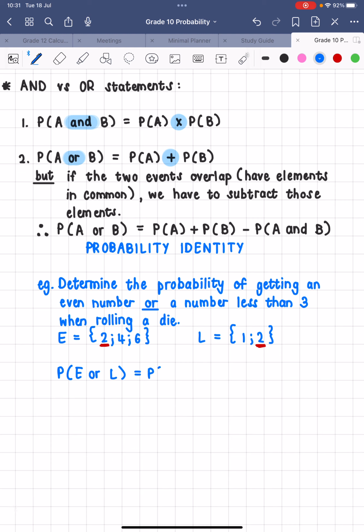I'm going to say the probability of the first event, even, plus, because remember for OR we always add together, probability of L. But now because the 2 events overlap, because they have an element in common, I have to subtract that element that is in E and L, the element that is in common there. So this E and L is that 2. So that is the one that I'm subtracting, because I've added it twice.